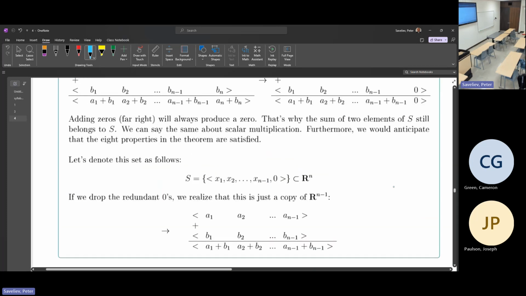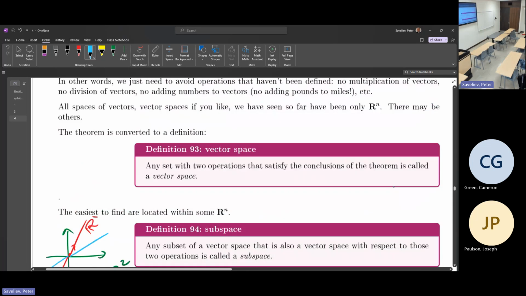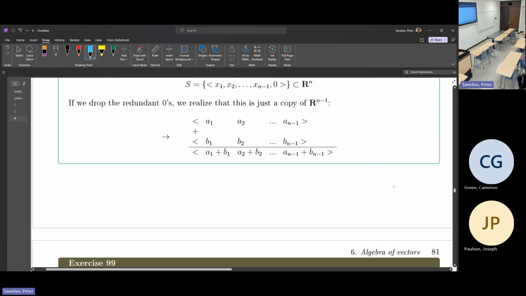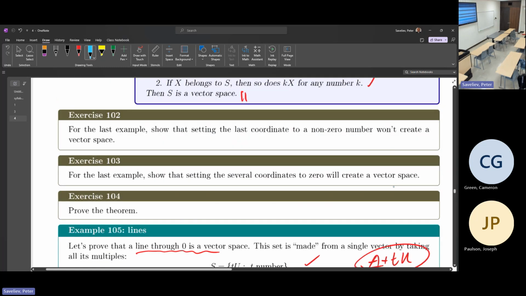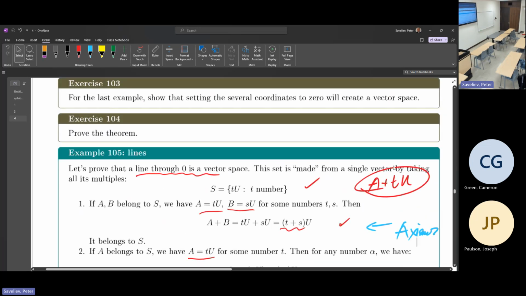It's anything with operations that satisfy the 8 axioms. That's all. So that demonstrates that every multidimensional space has a bunch of subspaces, all the lines, but also, once you go to the next level, all the planes too, and all three-dimensional spaces, four-dimensional spaces.